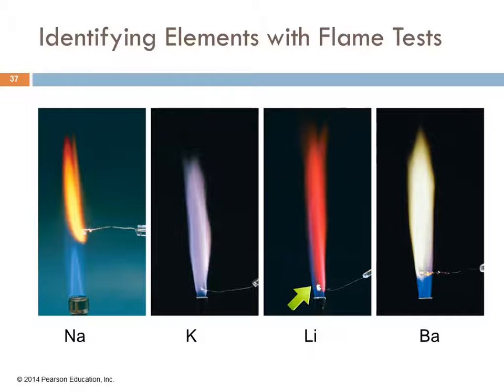Lithium gives sort of a scarlet red, and barium, that doesn't show up either place very well. It's actually got kind of a greenish color to it. And so this is one way that elements can be identified, is by the flame test, because they give off a particular color of light when they have an input of energy.